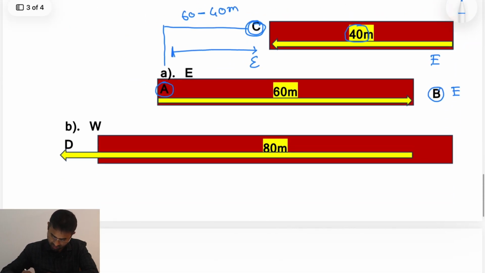And what will be the displacement? Again, if we look at this, the car has traveled 60 meter to the east to the point B. Again it returned 80 meter to the point D. So ultimately the displacement will be the distance between A and D. It will be 60 meter, that is the A to B displacement, minus 80 meter, that is the return displacement. So overall displacement will be minus 20 meter.